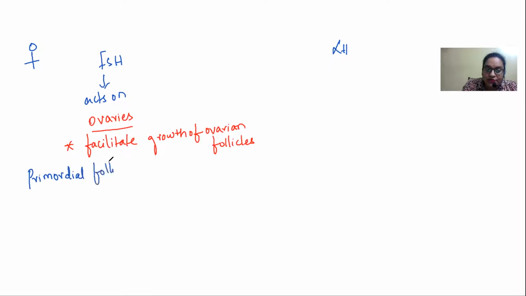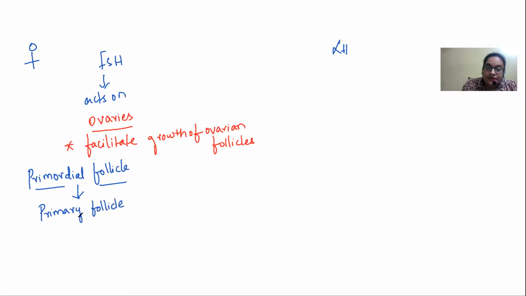These are the primitive cells present in your ovaries. Now the primordial follicles grow up into the primary follicles.